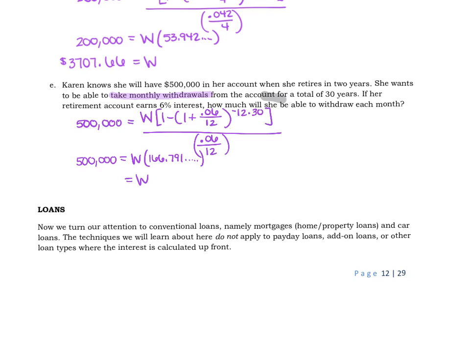Dividing both sides by that 166.791, etc. number, Karen can withdraw $2,997.75 every month for the next 30 years.